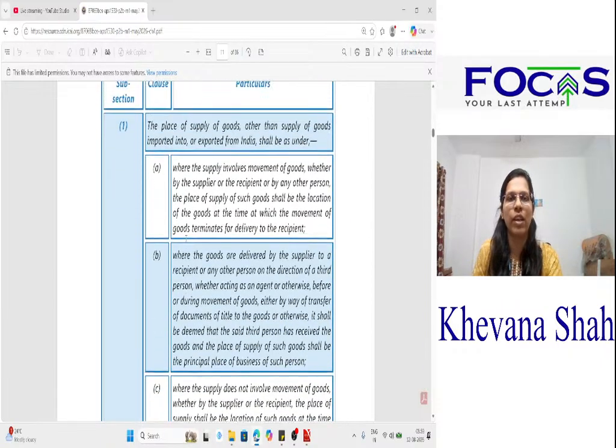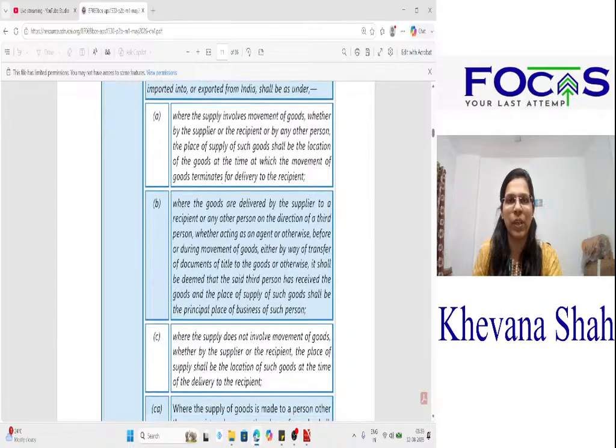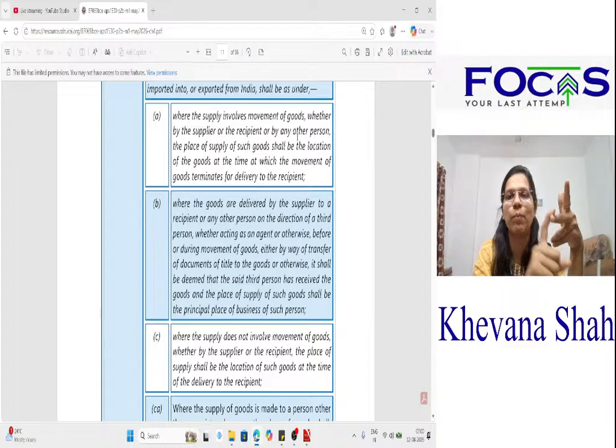Now in that we have the first one which says, the place of supply of goods other than supply of goods imported into or exported from India shall be where the supply involves movement of goods, whether by the supplier or the recipient or by any other person. So remember, there is movement of goods. That movement can be by supplier, can be by recipient, or can be by any other person.